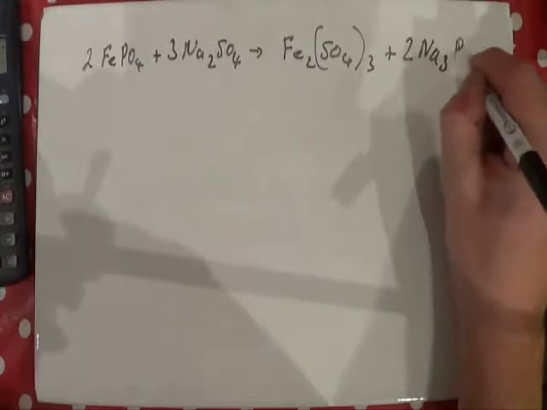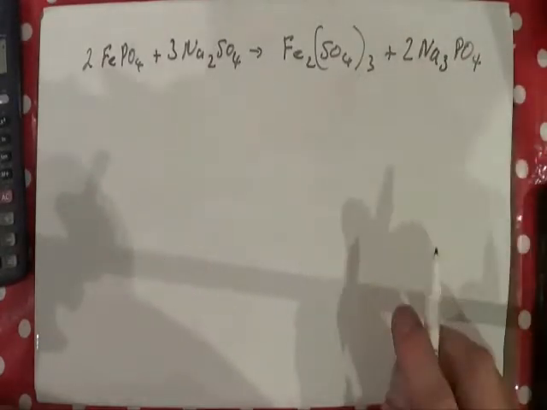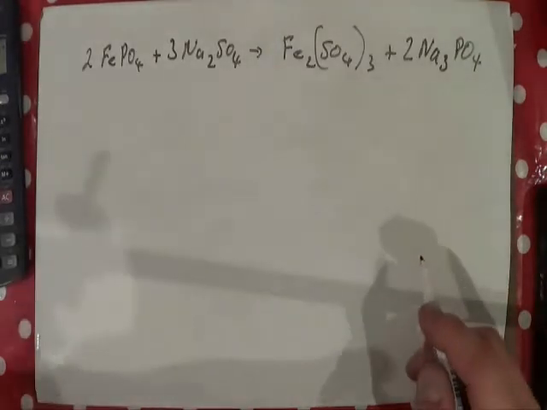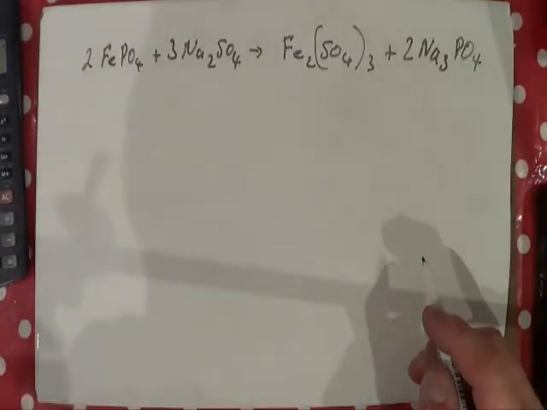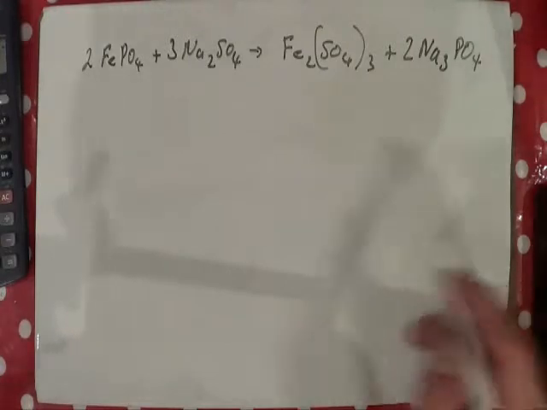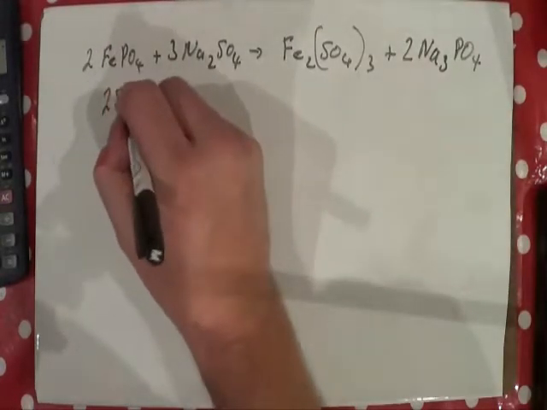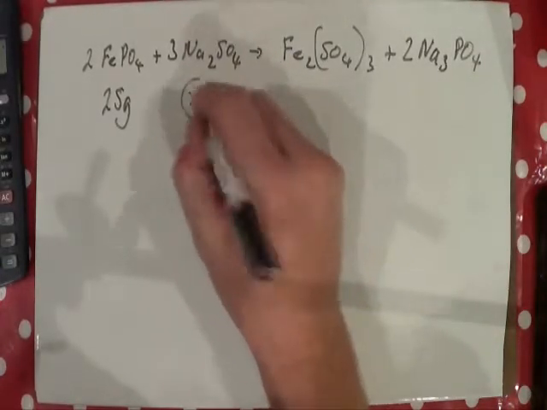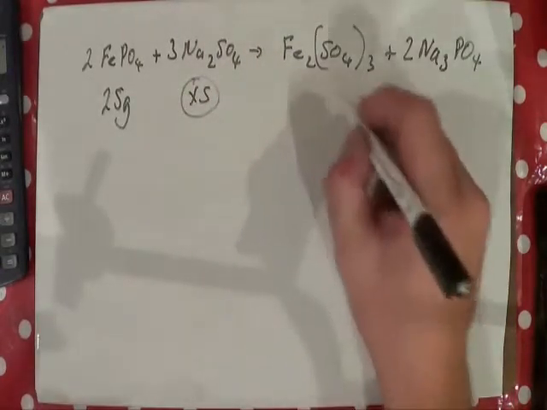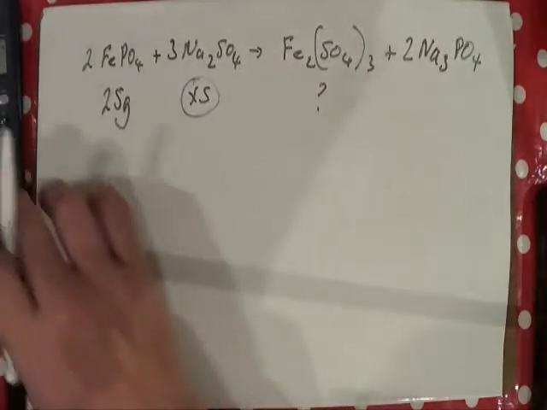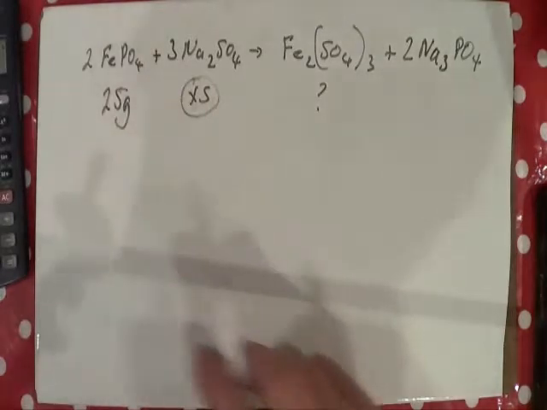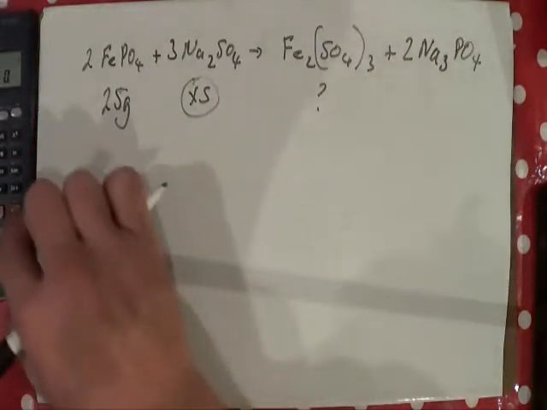So we've got nasty little formulas and nasty little ratios or reaction coefficients here. What we're going to say first of all is if we started off with 25 grams of this, and we're going to say that that's in excess to begin with, how much of this would we actually make? So we're just having to go back and do our moles calculations like we did in the last video.